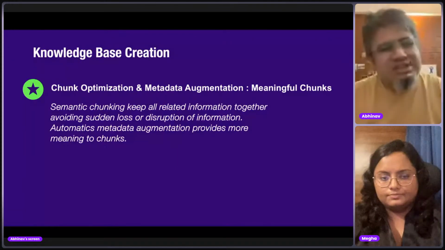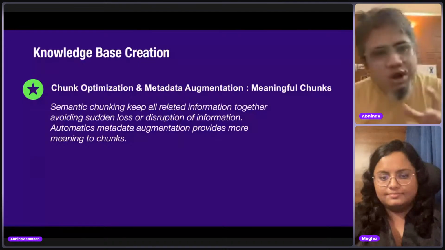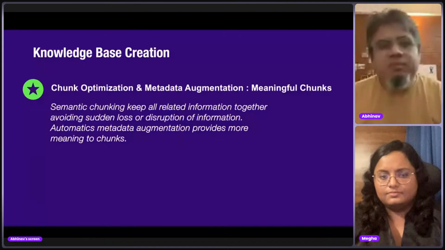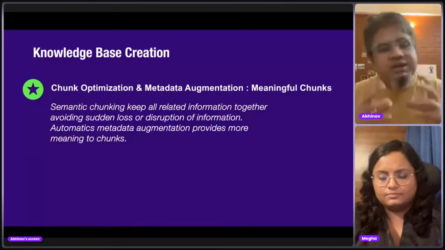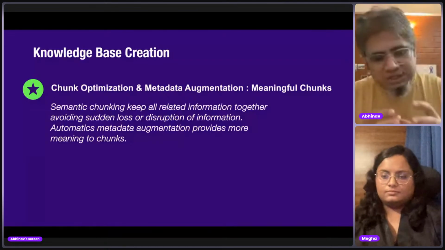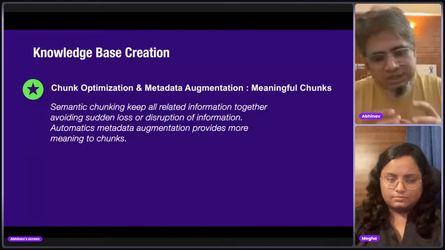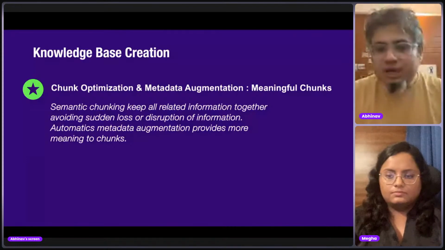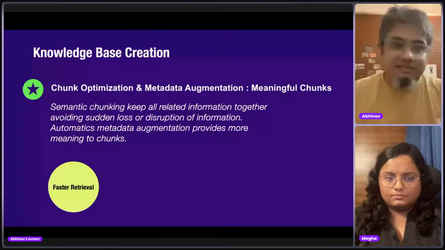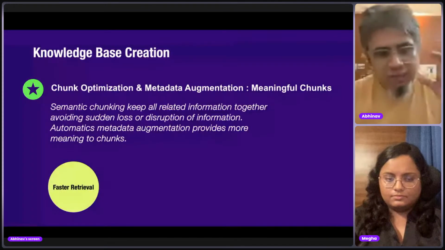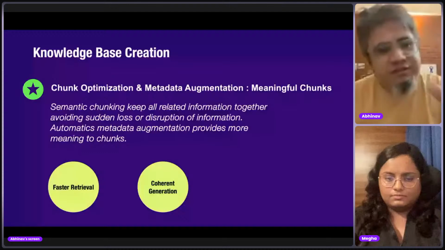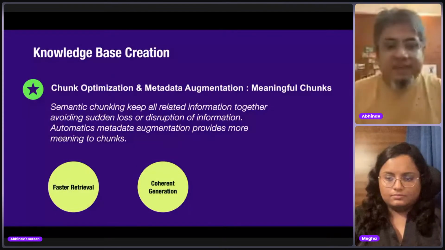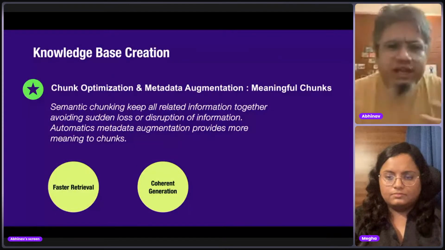So in our chunk optimization, we try to group information that is related to each other in a single chunk or a single short passage, which again helps in faster retrieval because you have one particular kind of information in one chunk. There is no break in coherence, so your generation will be very coherent.